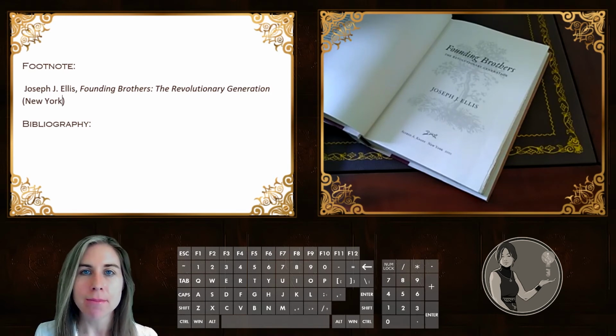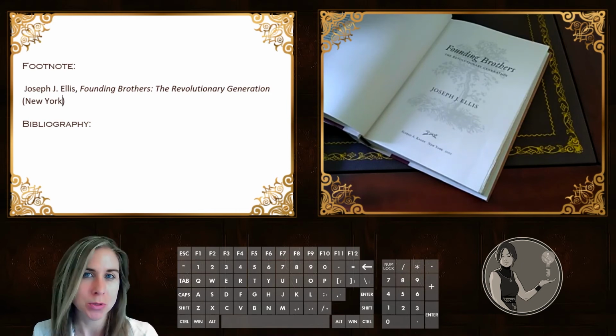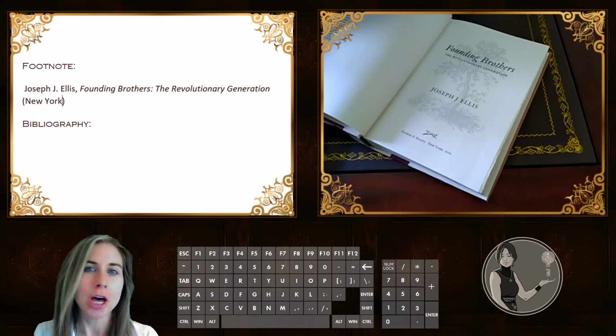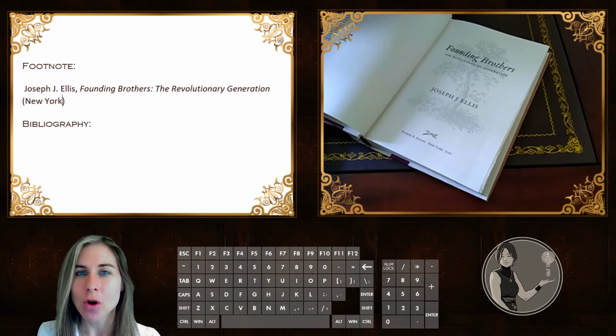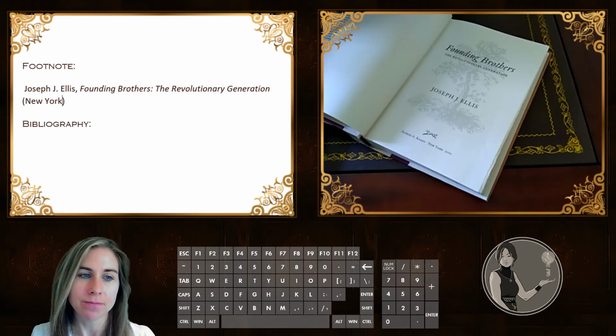Now you'll notice that Mass. and Ont. aren't the normal postal abbreviations for those provinces and states, and that's because we are using publisher abbreviations rather than postal abbreviations, which have changed over time. It's a little bit of a lookup exercise. You will usually have to go online and search what these different abbreviations are, but once you've done this enough times, you'll learn them and you won't have to look them up as often.